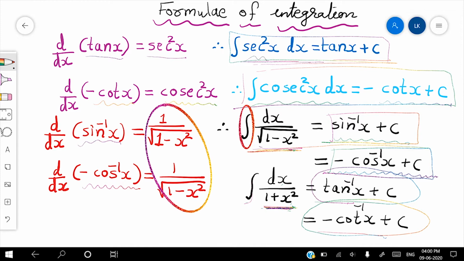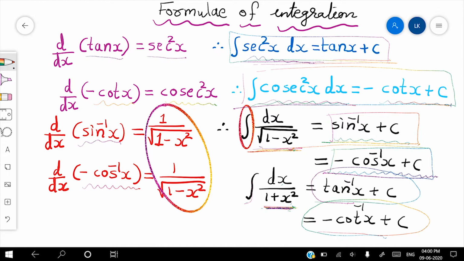Let us quickly revise all the formula. Integration of sec square x dx. The answer is tan x plus c. Integration of cosec square x dx. The answer is minus cot x plus c. And integration of 1 upon square root of 1 minus x square, that means sine inverse x plus c.